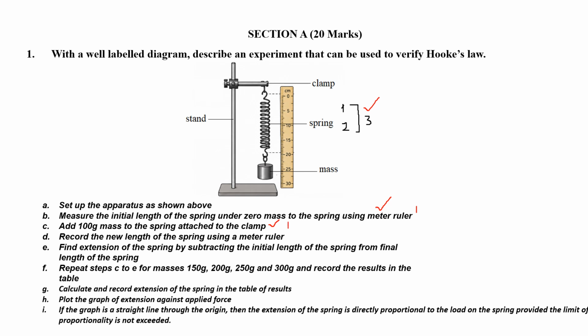Then record the new length of the spring, that's 1 mark. Find the extension of the spring by subtracting the initial length of the spring from the final. Find extension, 1 mark. Repeat the steps C to E for masses 150, 200, 250, 300 grams. That's 1 mark.